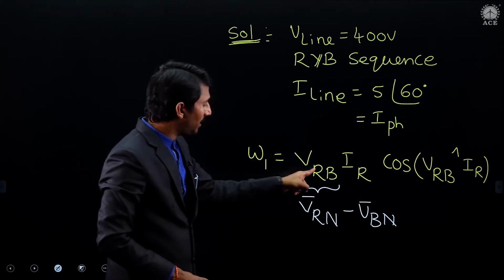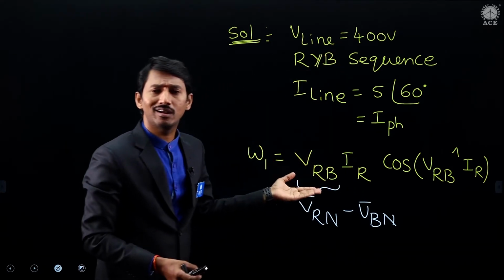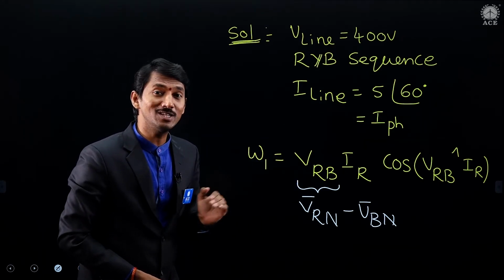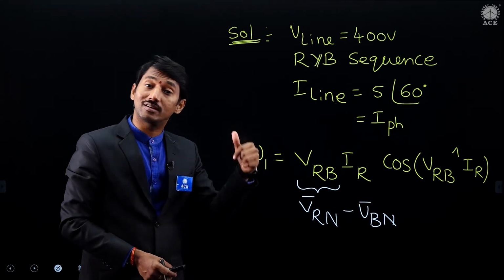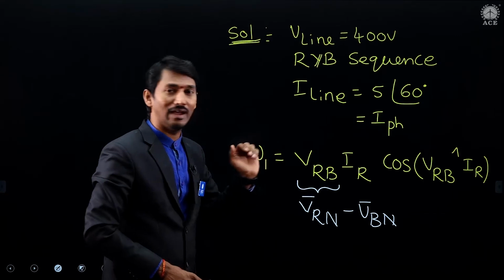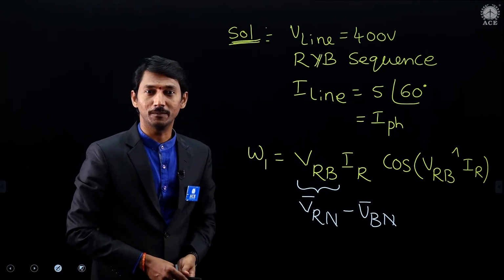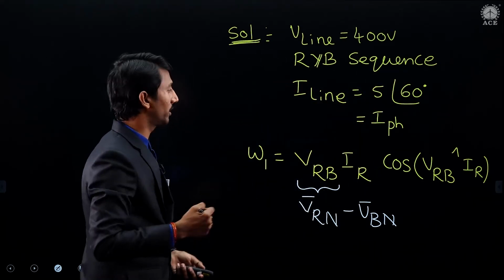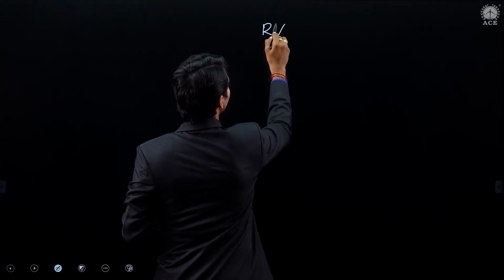VRB, the line voltage, is there, and IR, the line or phase current, is there. But what else do we require? The angle between the corresponding voltage and the corresponding current. In order to get the angle, we definitely need to draw the phasor diagram. Sir, what is the sequence? RYB sequence. Let us take the RYB sequence.